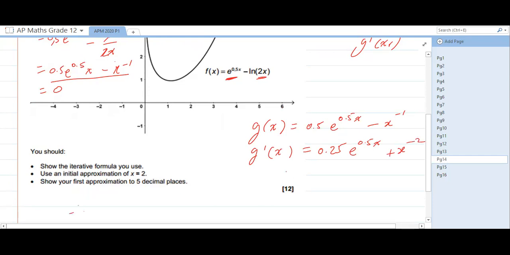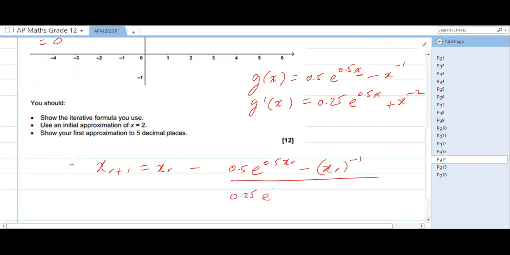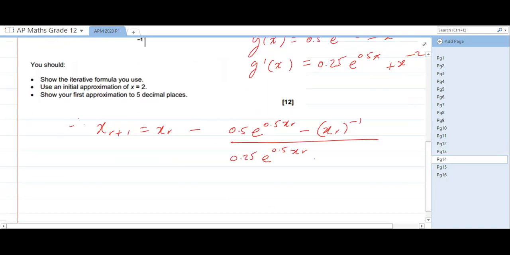Therefore, we will use this approximation: x r plus 1 is equal to x r minus 0.5 e to the power 0.5 x r minus x r to the power minus 1, all over 0.25 e to the power 0.5 x r plus x r to the power minus 2.